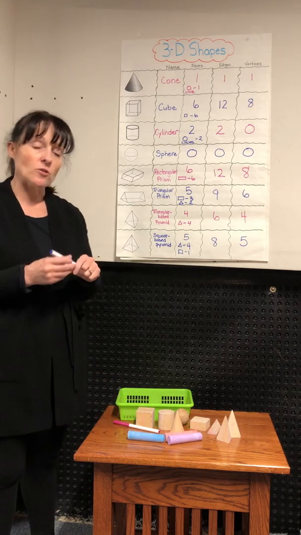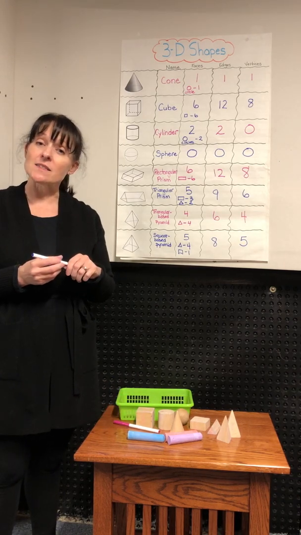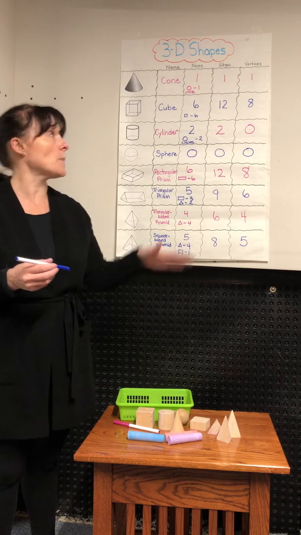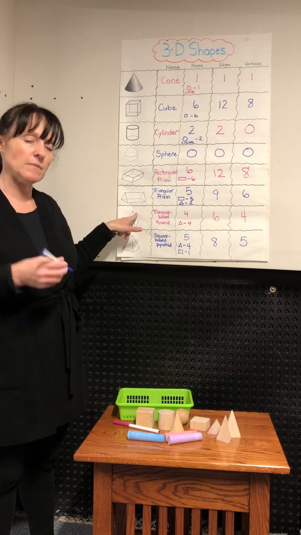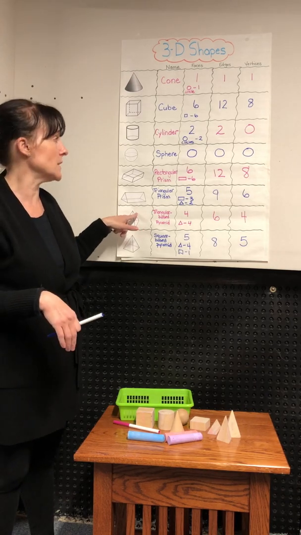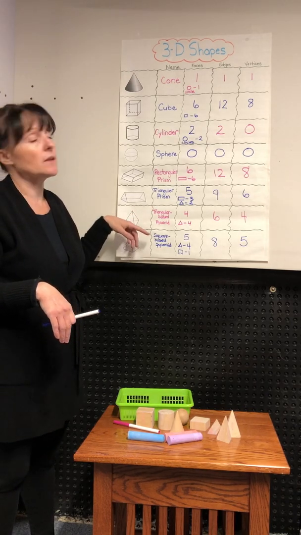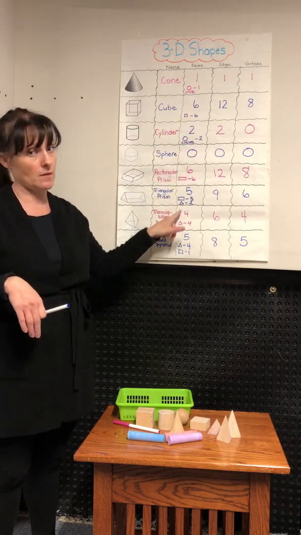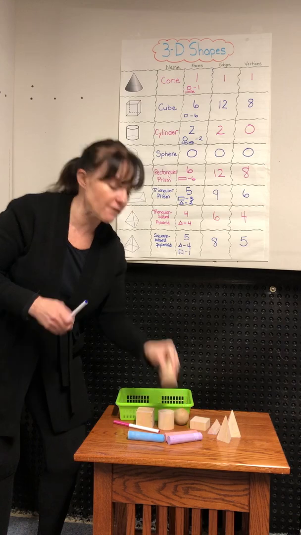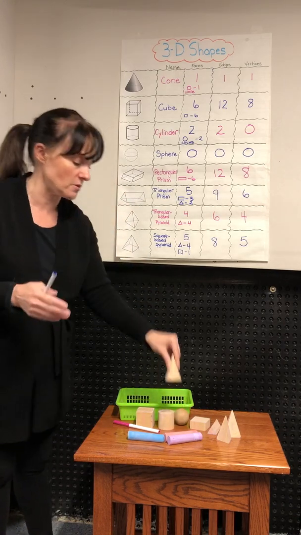So today you're going to be going on to your next task, and all you're going to be doing today is paying attention to names, so that we're naming our shapes properly, making sure to use the right math vocabulary. And then you're also going to be looking at a few shapes and describing what types of faces you see on them. So we know to look at the flat parts and look for the two-dimensional shape.